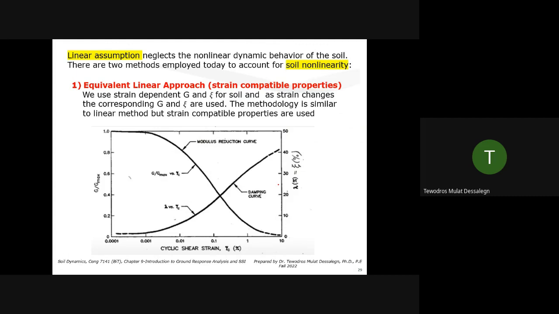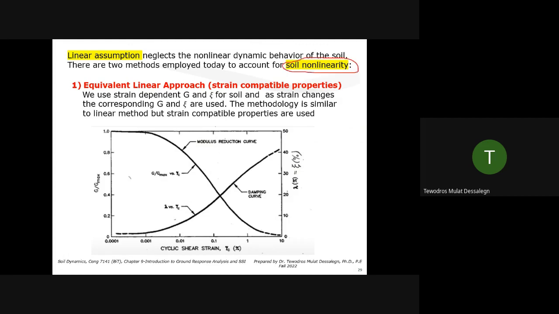The linear assumption neglects the nonlinear dynamic behavior of the soil. There are two methods employed today to account for soil nonlinearity. Even if we improve it so far, the whole transfer function approach is linear after all. It's using constant values like a static analysis. That's why it's quicker. But nowadays, to account for soil nonlinearity, there are two ways to do it.